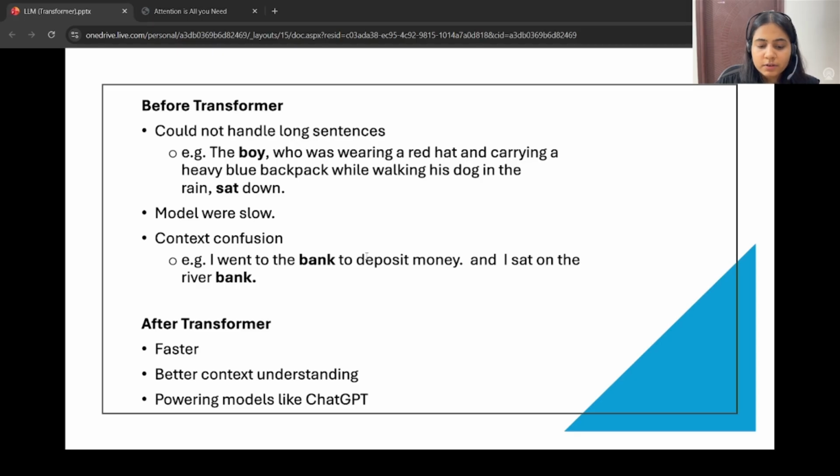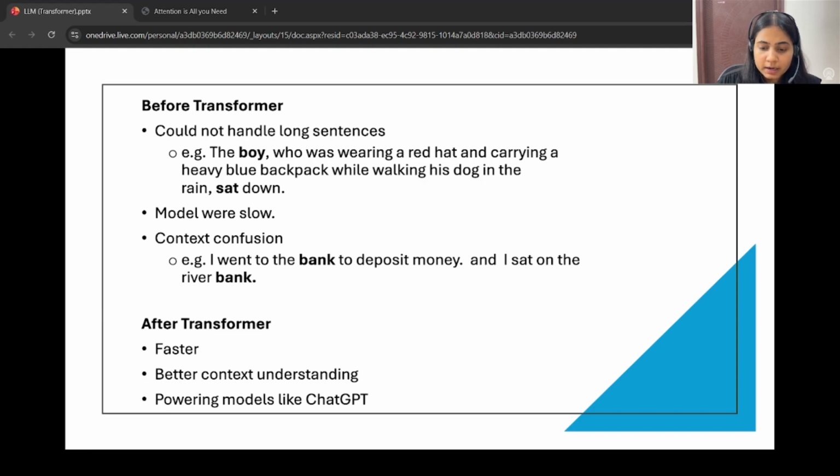Also, models were very slow because they went sequentially, one by one. They cannot process the tenth word until they have gone through the first, second, third, and so on up to the ninth. That is a very slow process. Then there was context confusion too. For example: I went to the bank to deposit money, and I sat on the river bank.